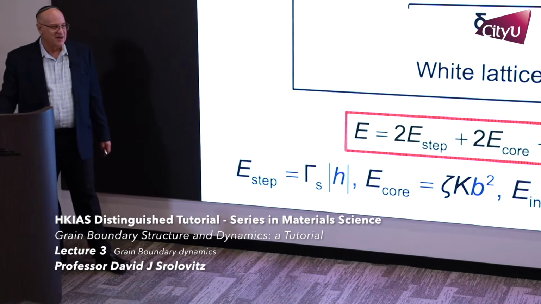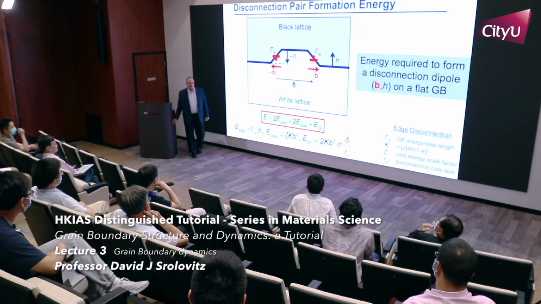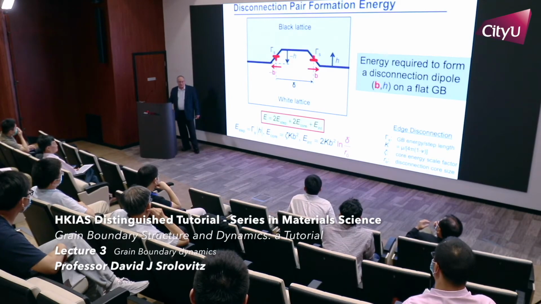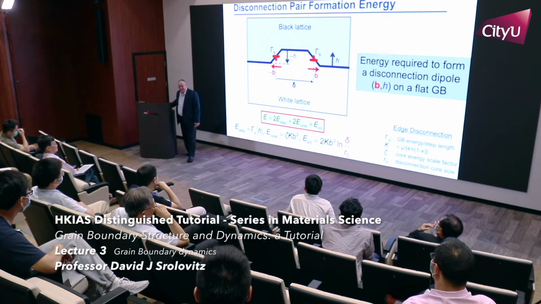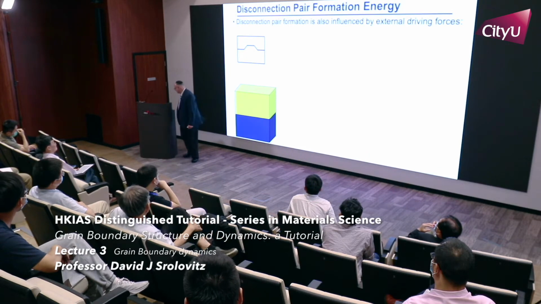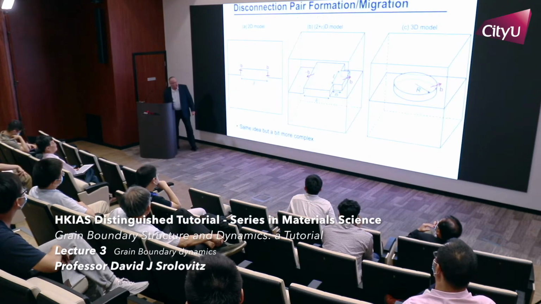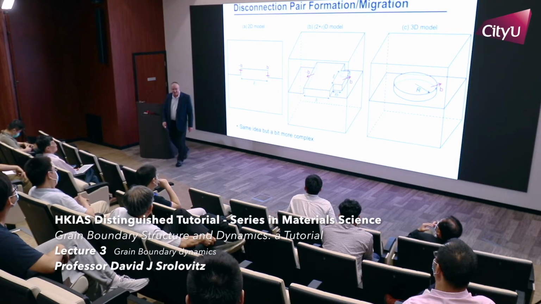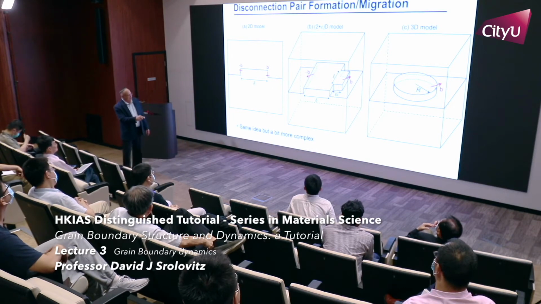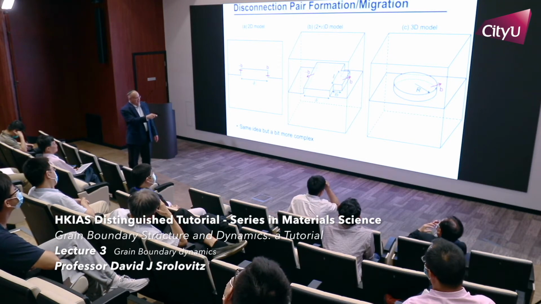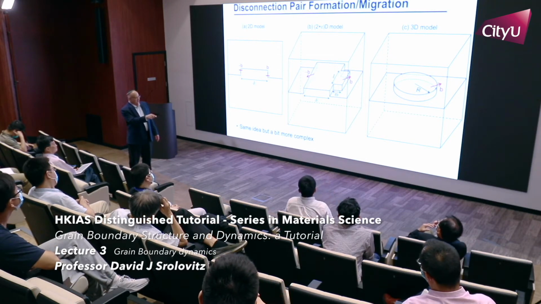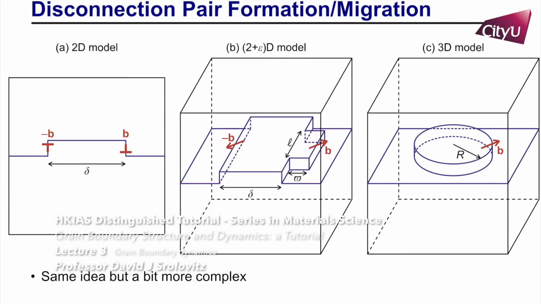Okay, now, you could say, well, this is 2 dimensions. You know, theorists always play these games, do it in 2 dimensions instead of 3 dimensions. I can be a little bit more sophisticated about it, and I can put kinks on the disconnections, the kinks on the steps, or I can say it nucleates on a flat surface in 3 dimensions, like a little pillbox.